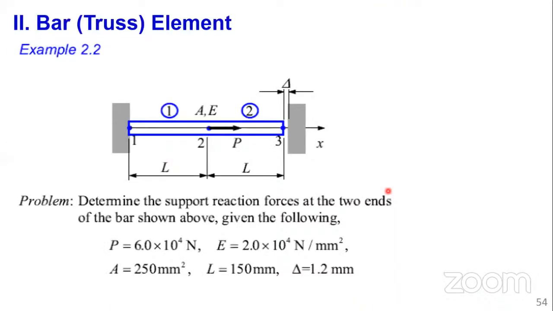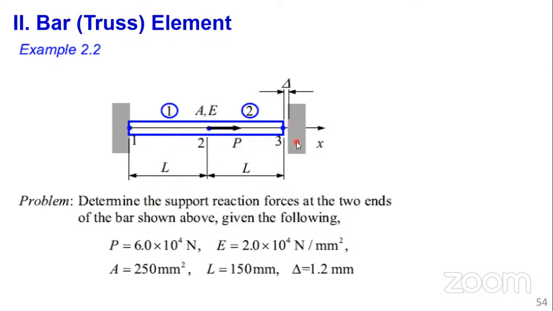There's another example. The cross-sections are the same, and the loading and geometry are almost the same. But now we are leaving a small gap here of about 1.2 millimeter. And then you are supposed to determine the support reactions at this part and this part.